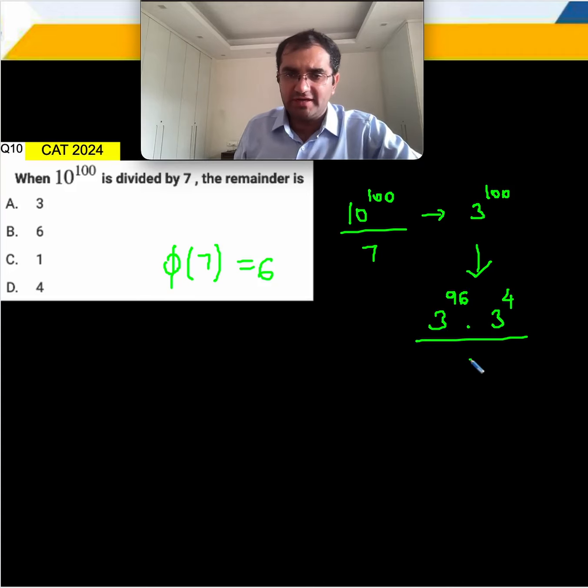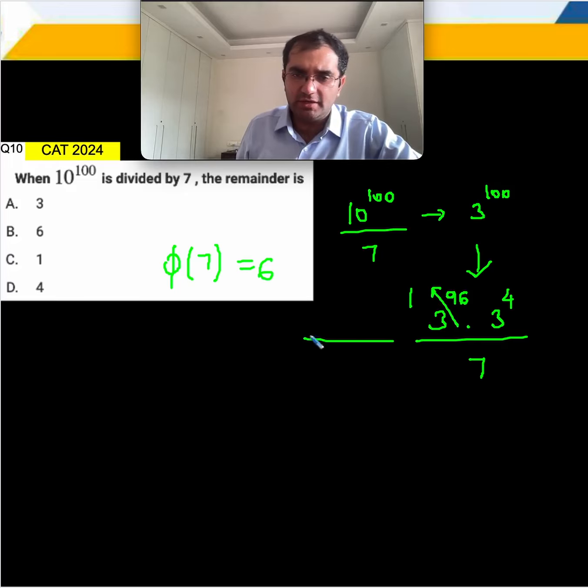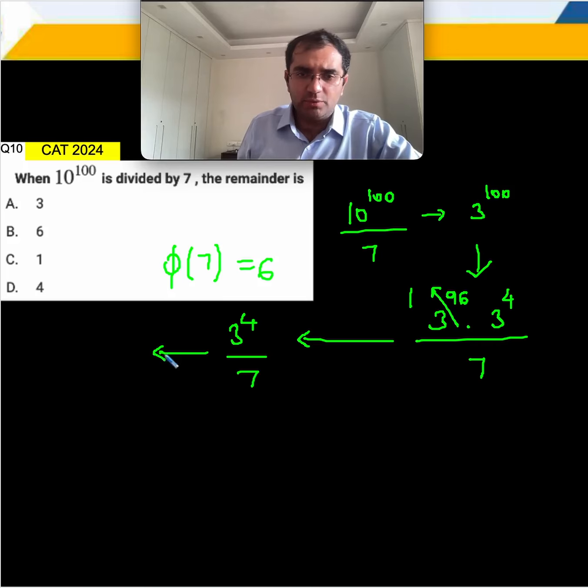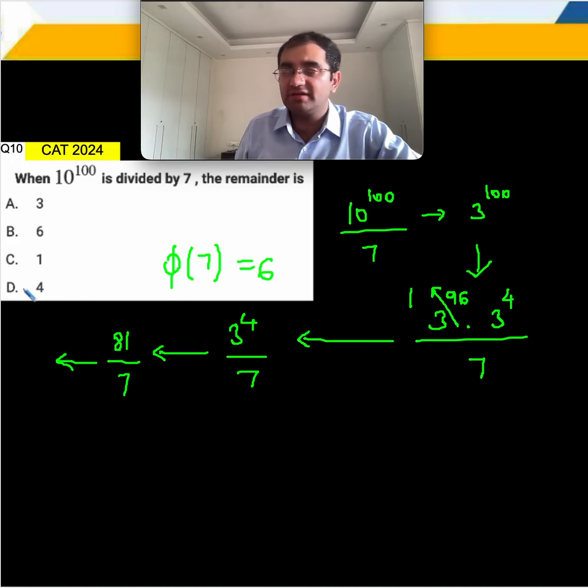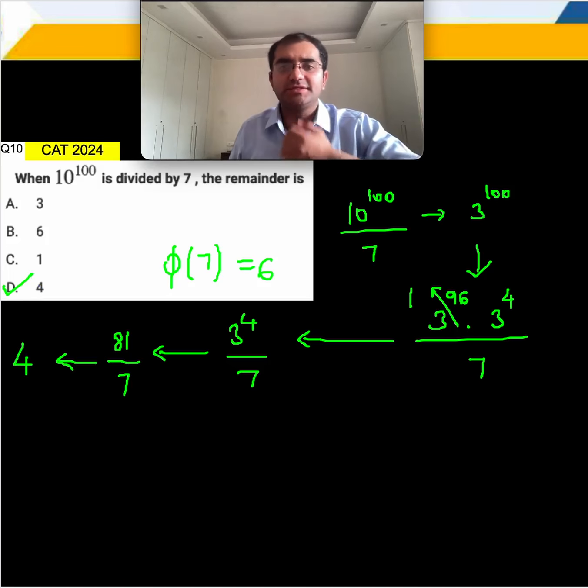You are dividing this by 7. According to Euler's theorem, if the power is a multiple of phi of the divisor, इसका remainder 1 आ जाएगा. तो you are now left with 3 power 4 divided by 7, which is 81 divided by 7, जिसका रिमाइंडर 81 अपॉन 7 का रिमाइंडर 77 तक जाएगा, 4 आ जाएगा. 4 is the right answer for question 10.